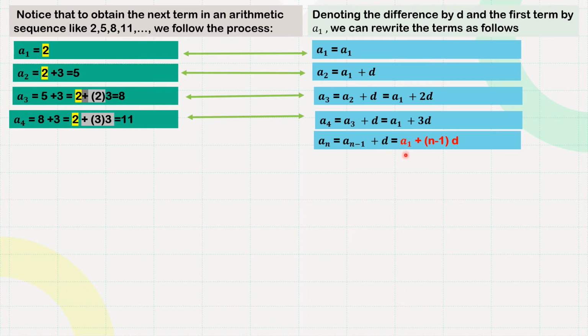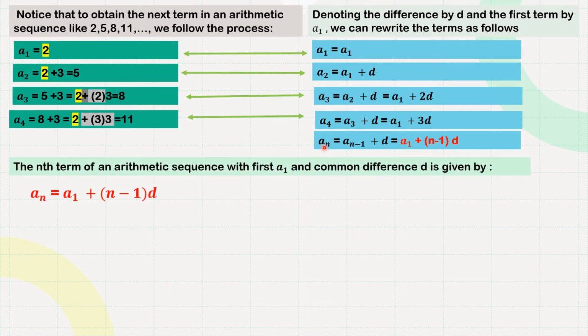Or di kaya yung a sub 1 plus ang n minus 1, kung pang ilang term yun, times d. Ito na ngayon ang formula ng nth term ng arithmetic sequence. A sub n equals a sub 1 plus the product of n minus 1 and d.